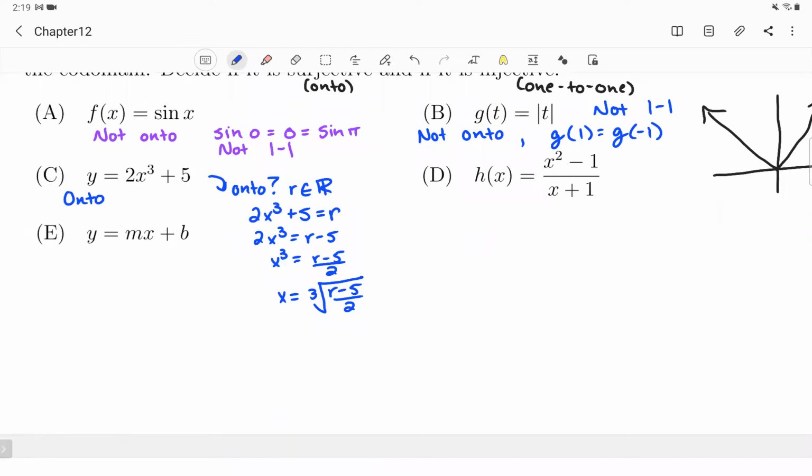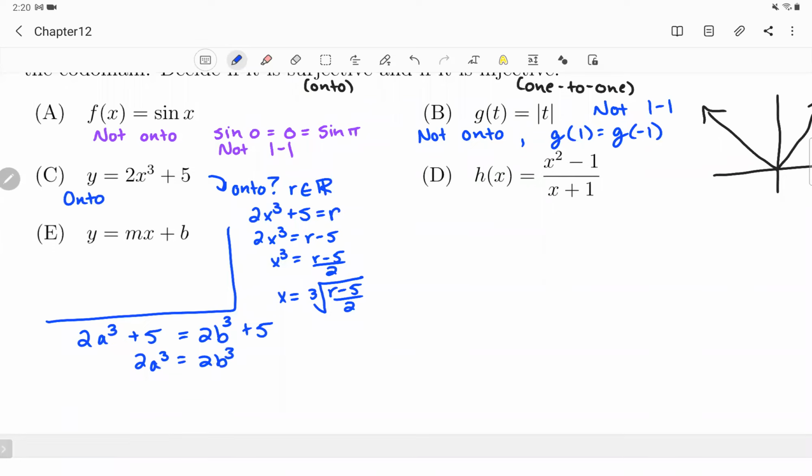Now 1-to-1. You don't need tons of space for E, so you can go down here. If I have 2a cubed plus 5 being the same thing as 2b cubed plus 5, well, let's see. I can subtract 5. I can divide by 2.